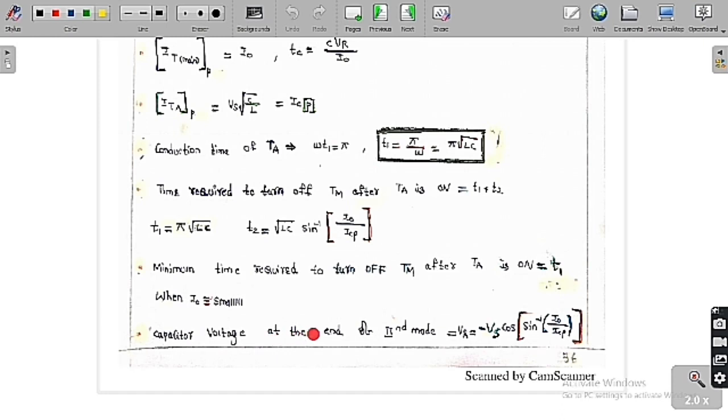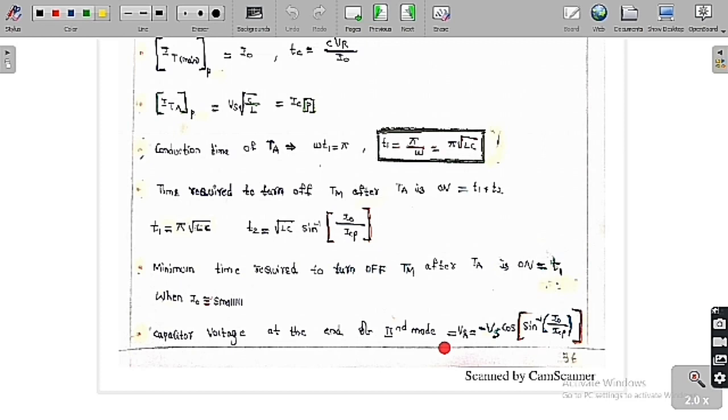The capacitor voltage at the end of mode 2 is called VR. If you want to know the exact voltage, I have already told you, it is Vs into cos omega t, whereas omega t is equal to pi plus omega t2.